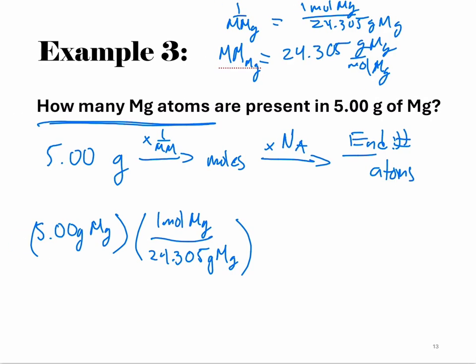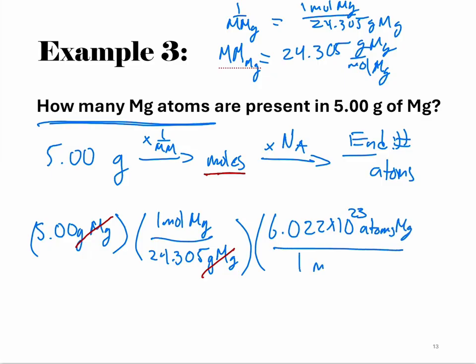Okay, so what happens to the units of grams? Grams magnesium cancels out, so we're left in units of moles now. And then we use Avogadro's number to end with the number of atoms. So we multiply by Avogadro's number, which is 6.02 times 10 to the 23 atoms of magnesium per 1 mole of magnesium.